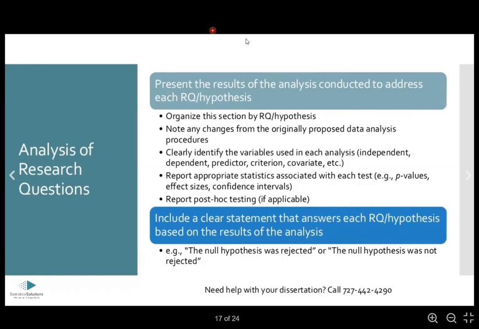So once you have noted any changes, if that's applicable to you, you're going to identify the variables that were used, including the independent variable, dependent variables, any predictors, criterions, or covariate variables that were used in that model or in that analysis. Next, you're going to report any relevant or appropriate statistics that are associated with the test that you used.